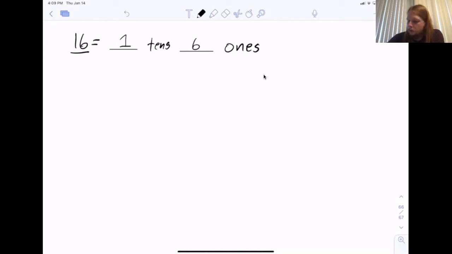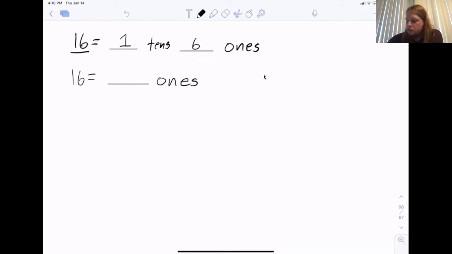What if I told you we can actually solve this a different way? If I don't give you the option of tens, what could we do? We could have ones, just ones. So how would we go from 1 ten and 6 ones to just ones?